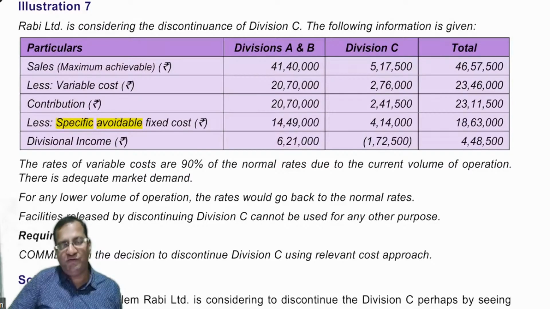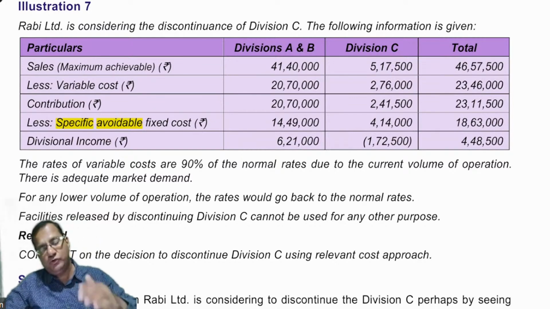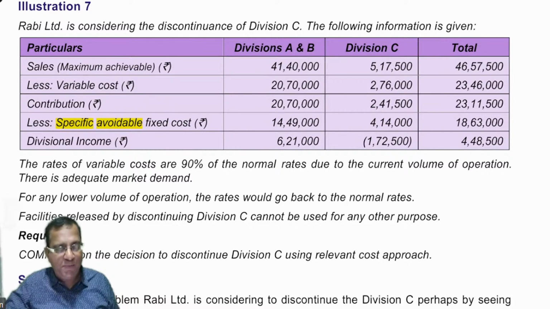Indirectly, there is a cost saving of 10%. If you discontinue Department C, then the variable cost would go back to the normal rate. Means right now we are incurring only 90% instead of 100% variable cost. Now we have to incur the normal variable cost. There will be no cost saving of 10%.